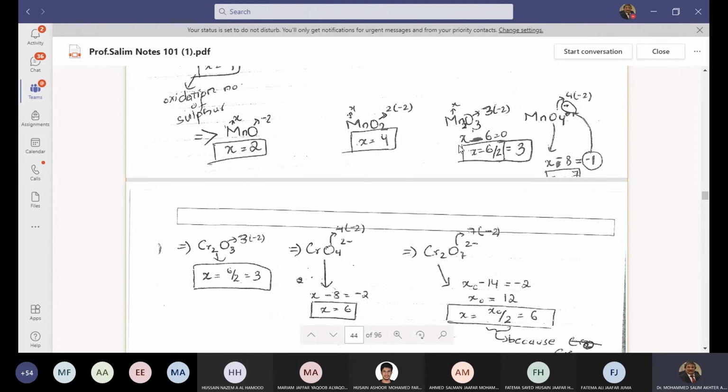Write down 2x here. This is wrong. If you have a printed copy, please correct it there, and if you don't have one, just write it down in your note. Because this is Mn2O3, instead of x you will write 2x, because I have 2 Mn.